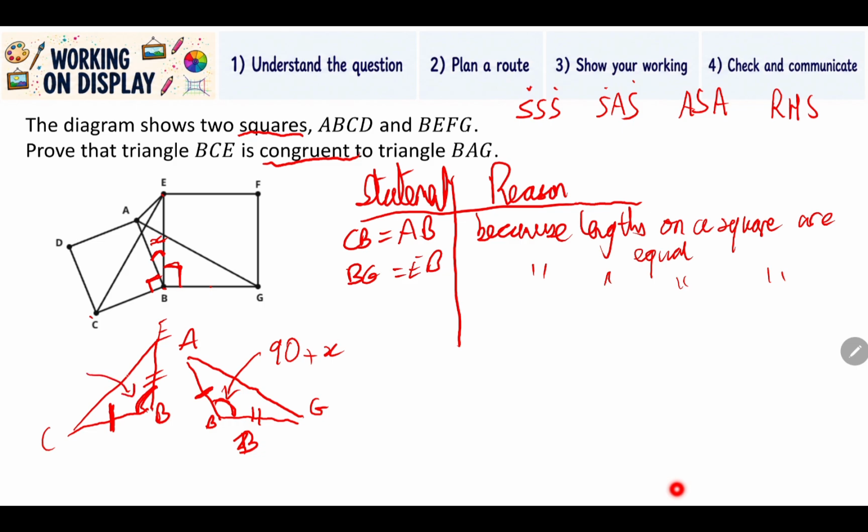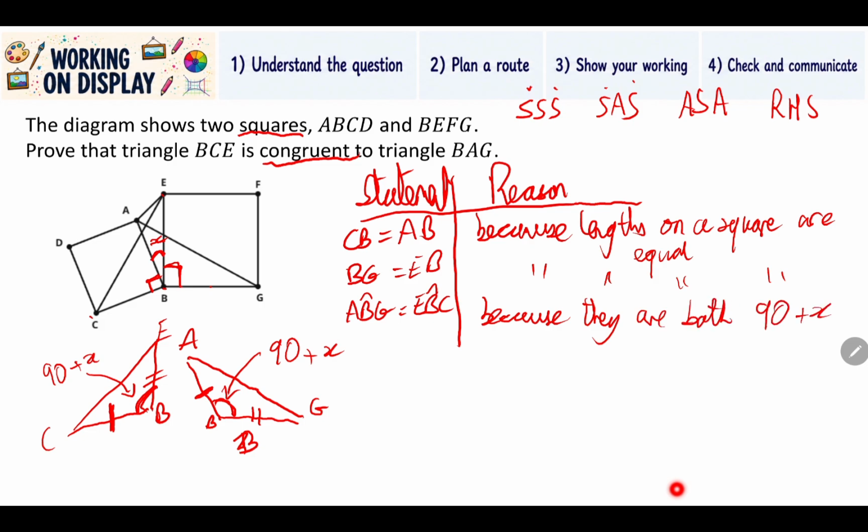So EBC is 90 plus x degrees because the interior angles of the square are 90, and they both share this little x part. So let's write that as our reason. We've got angle ABG, little hat shows the angle, is equal to angle EBC because they are both 90 plus x degrees.